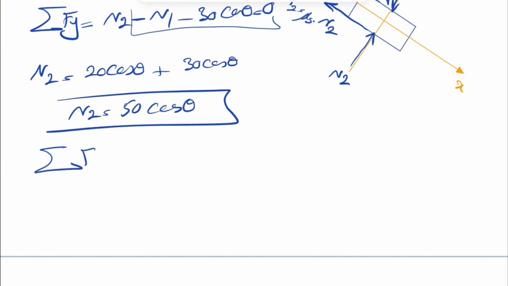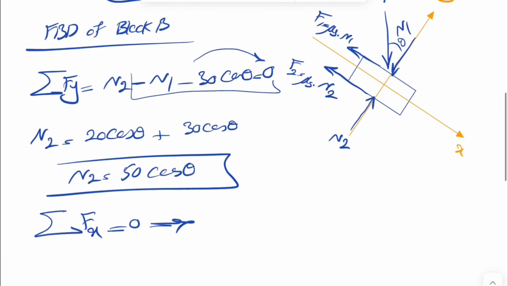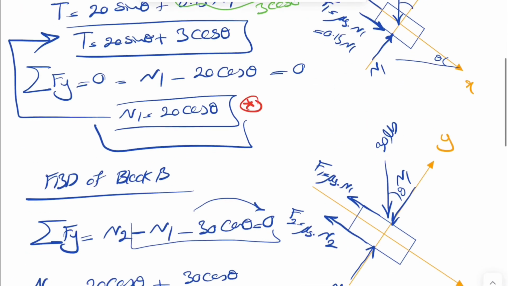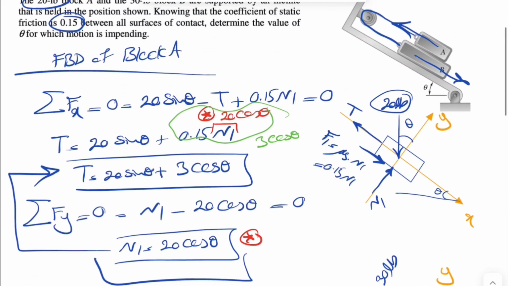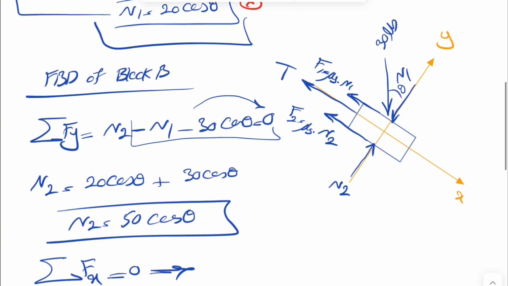So now we're going to do sum of all forces in x equals 0. One thing that I forgot in here is the tension in the cable. We also have this tension in the free body diagram that I forgot to put.